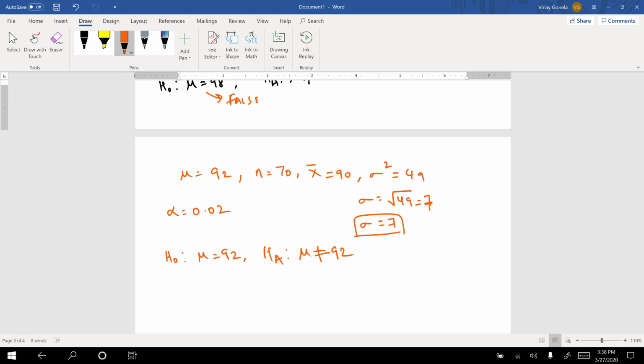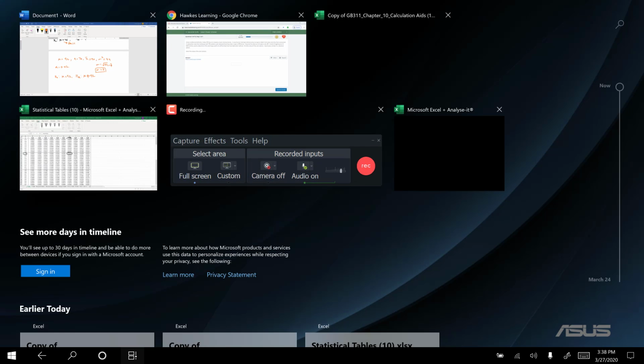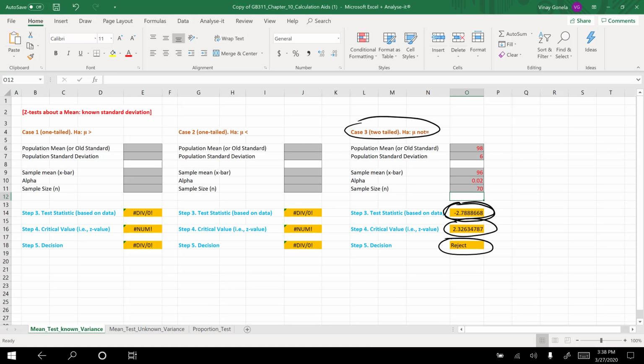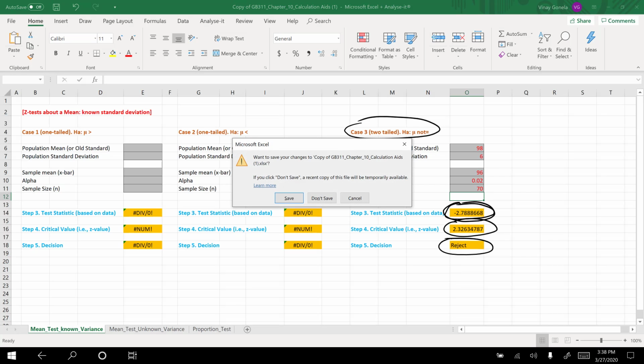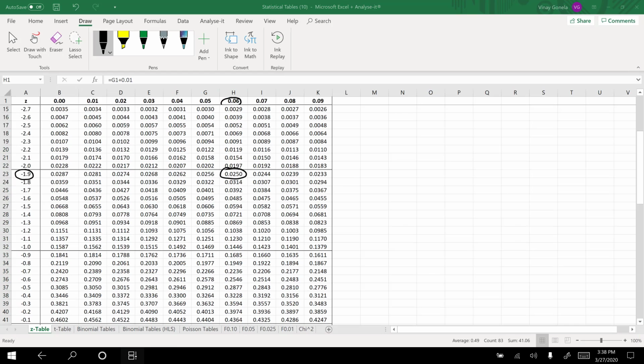So I will take this and enter these values into our calculation aids, and you should be getting those values. I will close this calculation aid and open a new one.